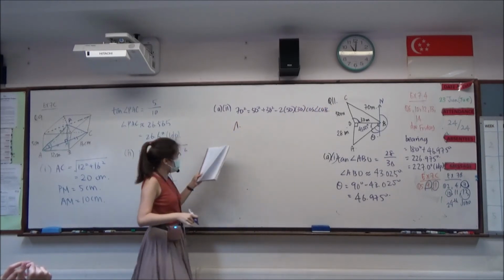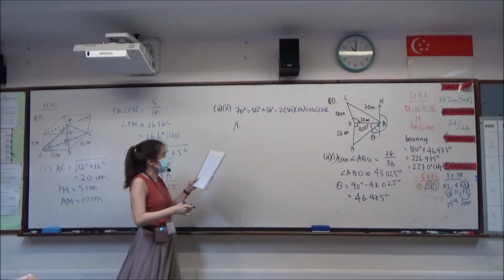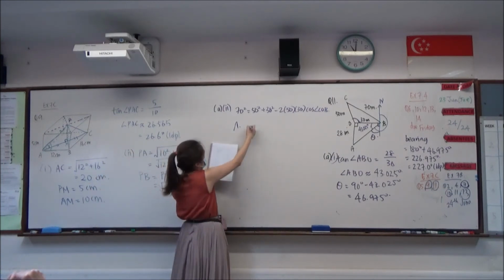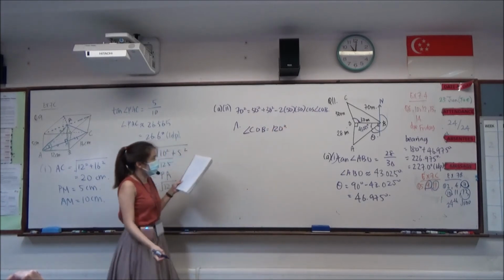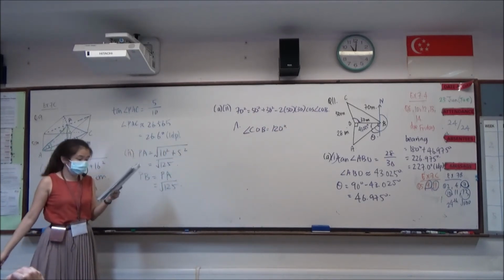Leave it to yourself to find the angle after applying the cosine rule. At the end, you should find the angle COB is 120 degrees exactly.